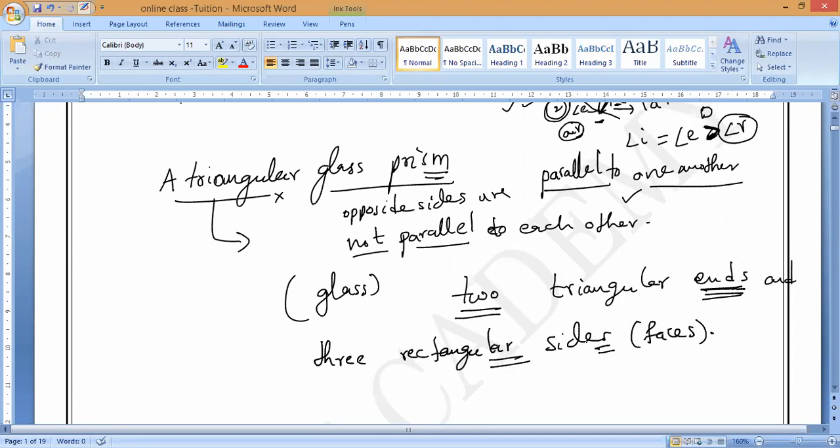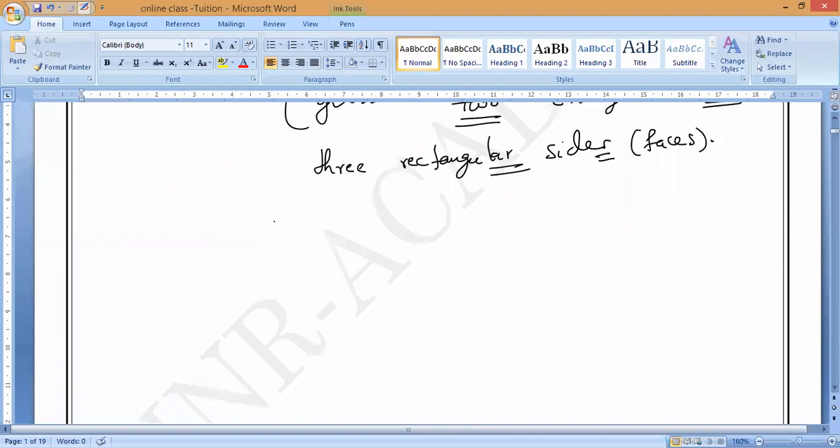Now, all of you should remember one of the most important things. Keep a note and write regarding the prism. I will show you the prism also now.